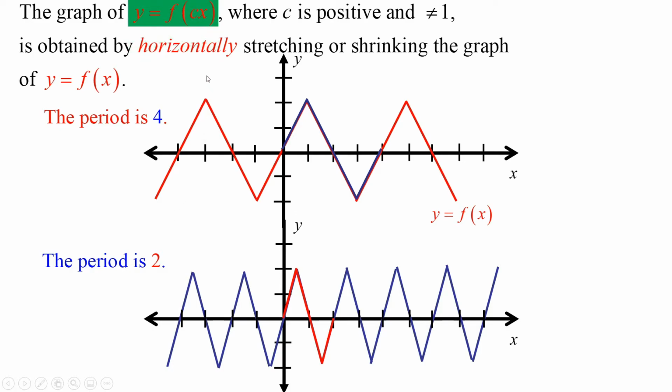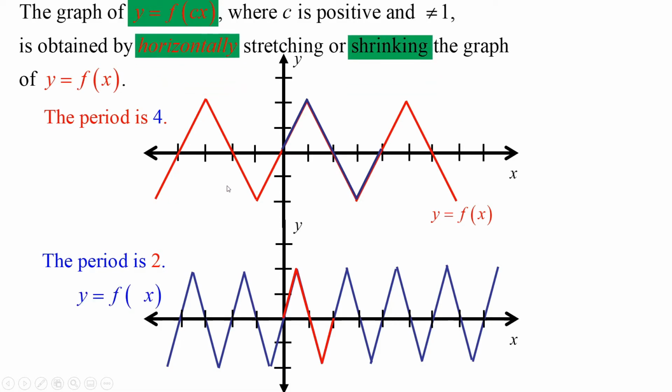What is my c to make that happen? And again, all you need to know is this number c will always divide the period of my original function f of x. So that number divides the period. So if the period was 4 and the period now is 2, it looks like my c would be 2, because 4 divided by 2 would give me that 2 right there.